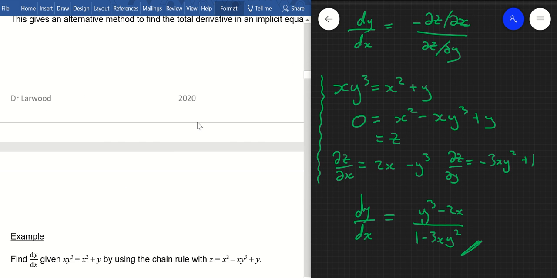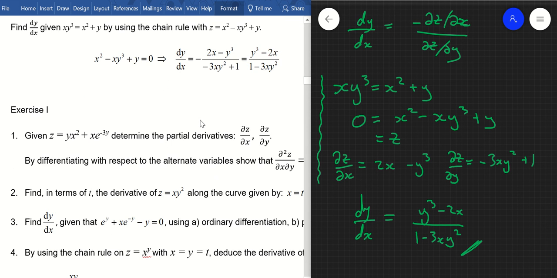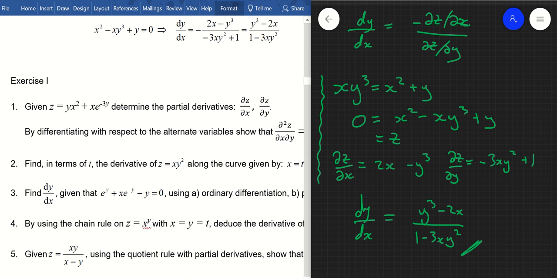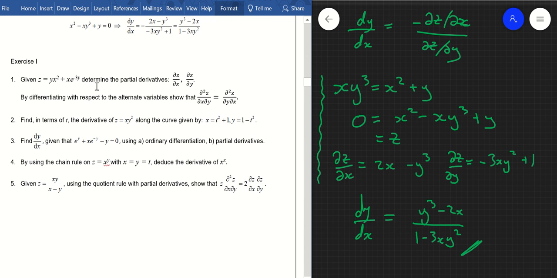Okay, so there are some exercises to do, and you need to complete those and return them for marking.